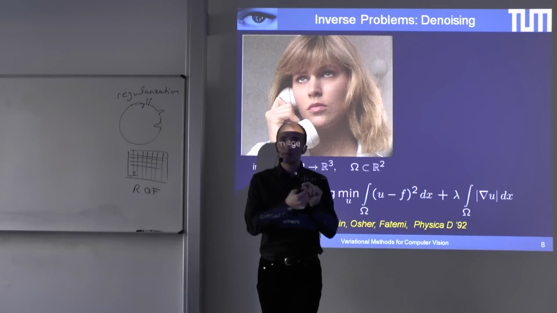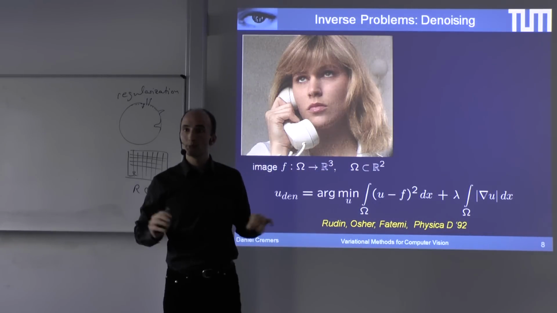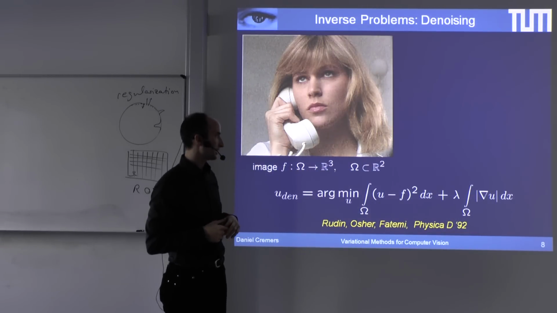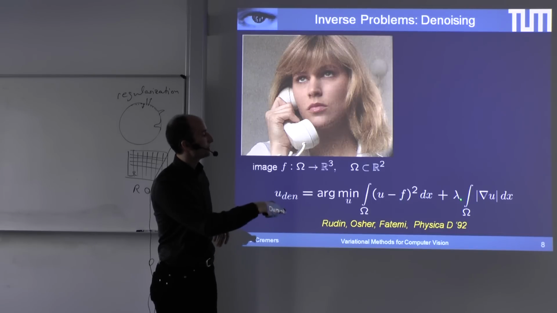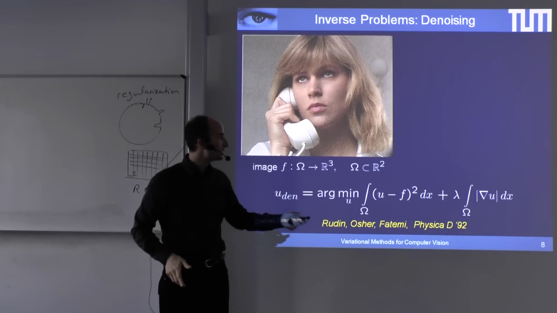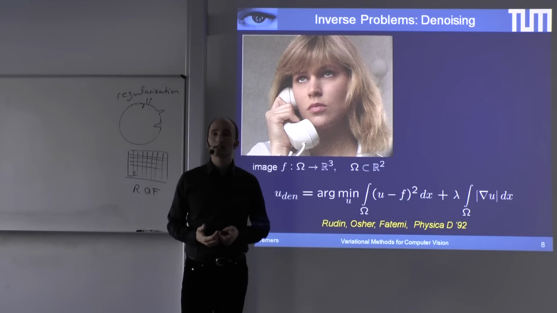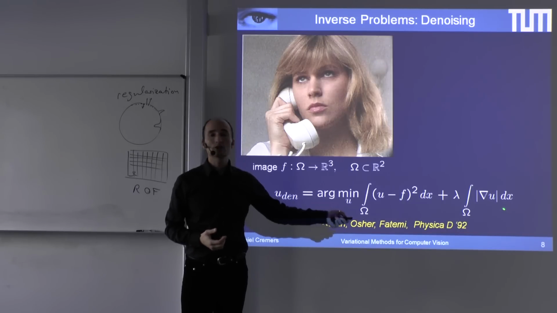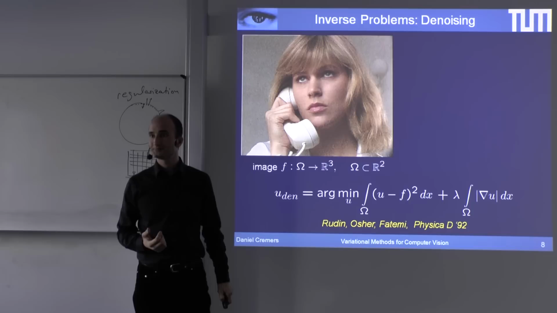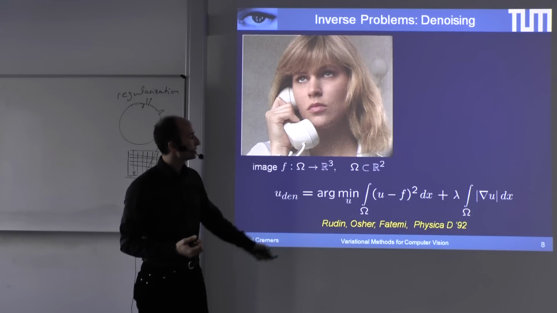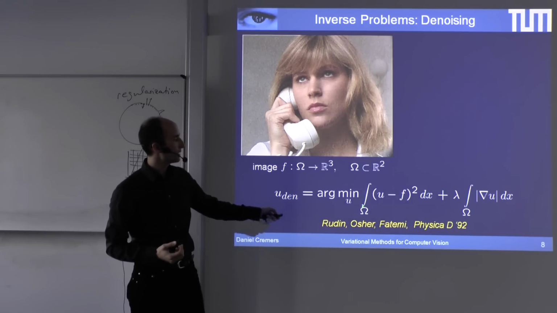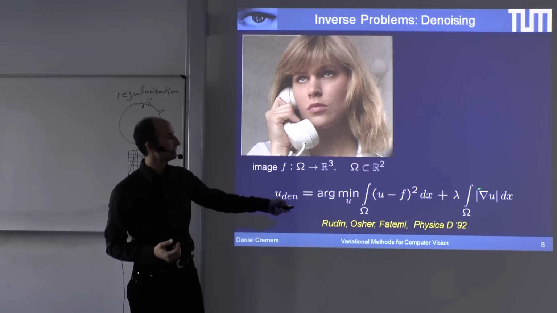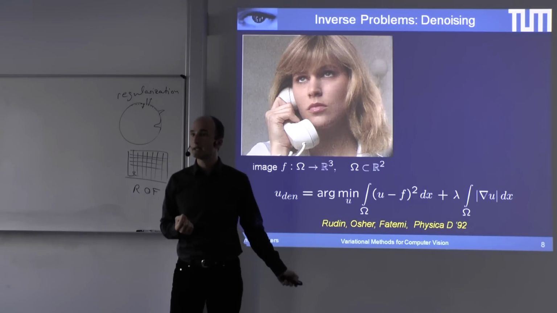It's the derivative in the two spatial directions, but we'll learn more about that in the class. And there is a parameter lambda. This is called the weighting parameter. That parameter essentially tells you how much that smoothness constraint is imposed. And so typically in variational methods you have a data term, a regularity term, and a relative weighting between the two.